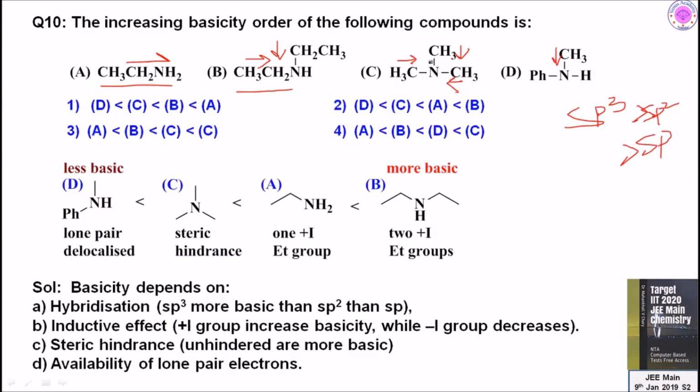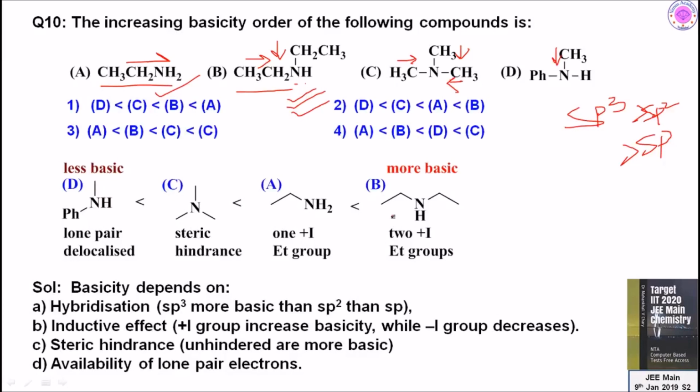Let us see. Based on inductive effect it should be more basic, but is it free? No, it is sterically hindered. What about this? Yes, it is free, and 2 ethyl groups are there, inductive effect groups. So this is going to be more basic. Next, this is sterically hindered, whereas this is sterically free, and one inductive effect group is there.